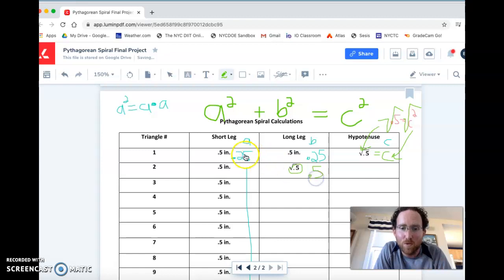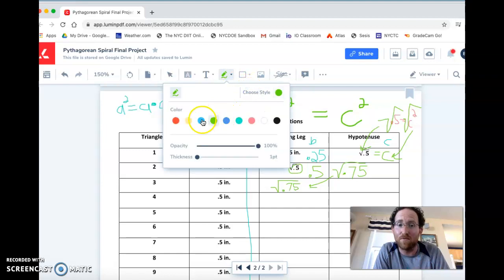So 0.25 plus 0.5 is 0.75, and we know that only equals c squared, so now we have to take the square root. See, now we're going to move this down to here again. Square root of 0.75. The hypotenuse is going to become the long leg of the next triangle. So the square root of 0.75 squared gets me, you got it, 0.75, right?